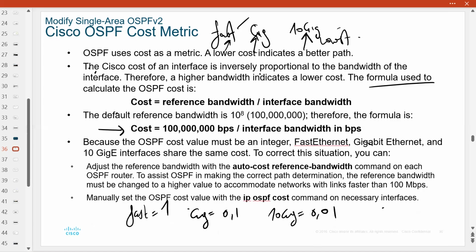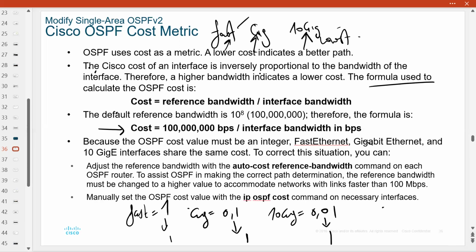But here we have a problem. The problem is the cost needs to be an integer. An integer means a value like 1, 2, 3, 4, 5, not 0.1. So by default, all these values become 1. This one also becomes 1. Fast also becomes 1.